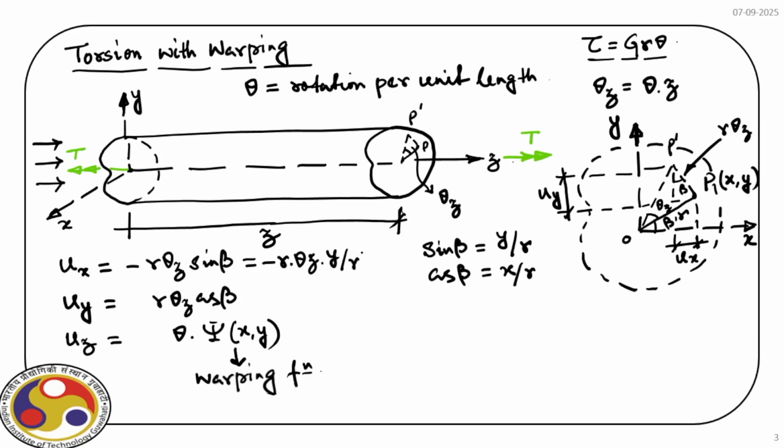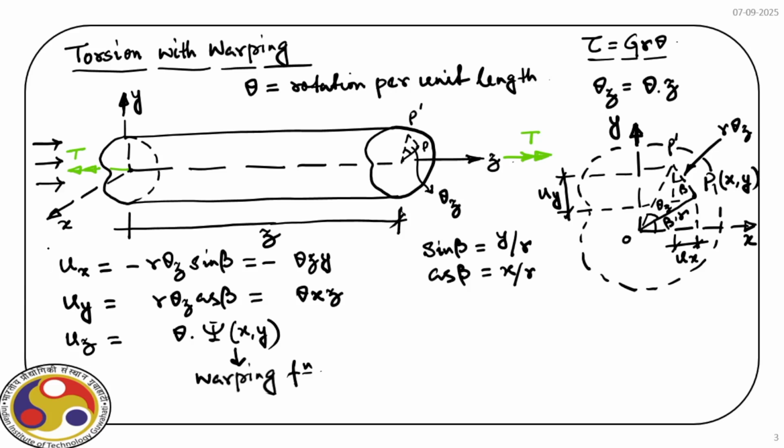So the r will be cancelled. So we are left with minus theta z times y. Similarly, uy, you can show that it is theta x z. And uz is theta times the warping function, which is a function of x and y.